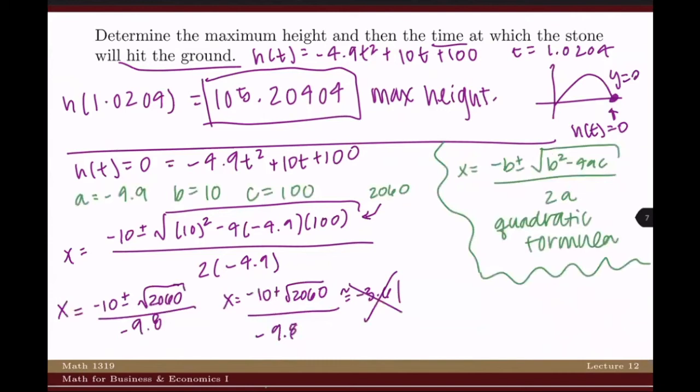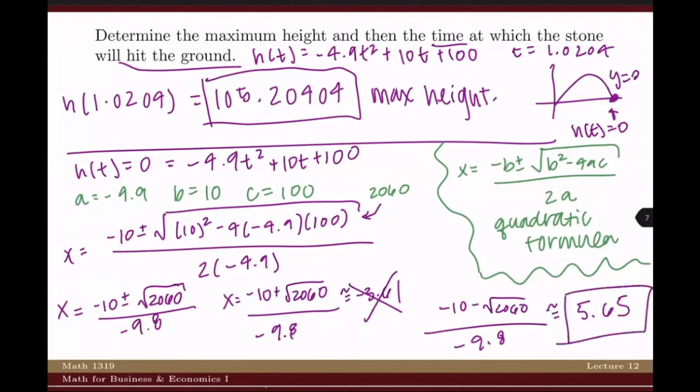So we'll have negative 10 minus the square root of 2060 divided by negative 9.8 is going to be approximately 5.65, which is your final solution. So this is the time, so t equals 5.65 at the point the stone touches the ground. That means from the moment that you threw the stone to the moment it touched the ground, 5.65 seconds have elapsed.